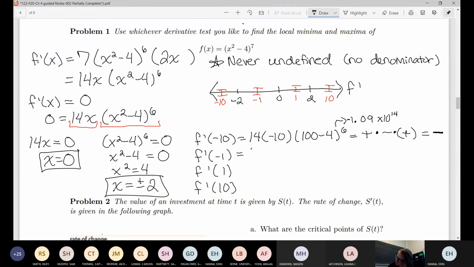If I plug in -1, we'll get 14 times -1. -1 squared will be 1, minus 4 will give us -3, to the 6th. Now that would be a positive times a negative times technically a negative to the 6th, which would turn into a positive, which would make the result on this a negative.